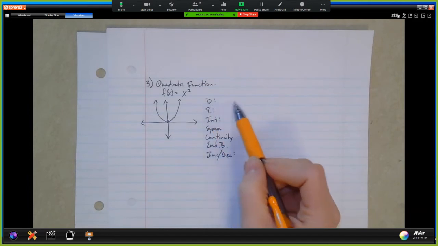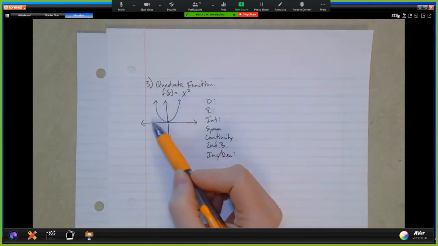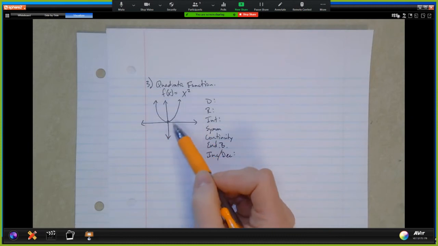Is the domain, so far we've seen the domain as negative infinity to infinity. Is that still going to be the case here? What would you say, yes or no?